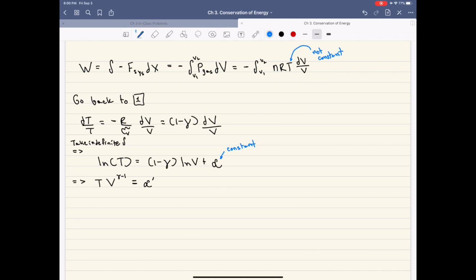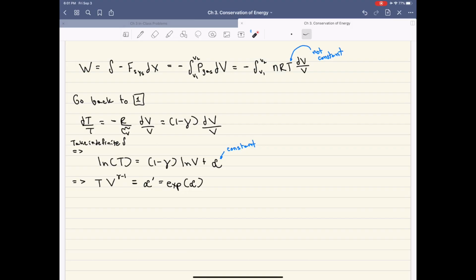This alpha prime is just equal to the exponential of this alpha that I had here. And the reason it's gamma minus 1 now is because when we flipped it over to the other side, we had to take the negative of it, and so that's why that gamma minus 1 flips around.